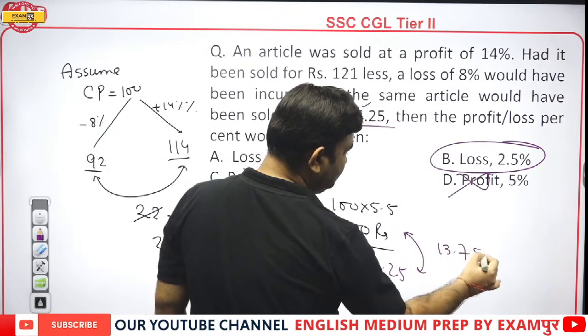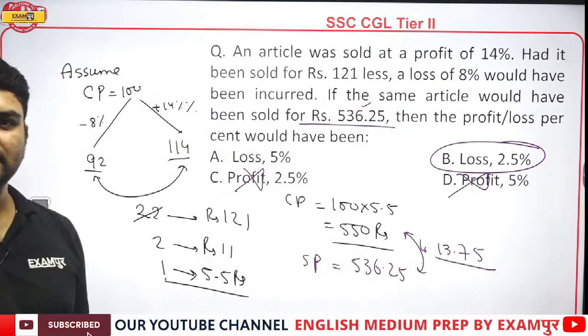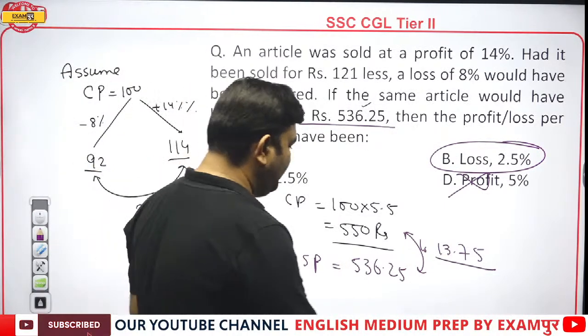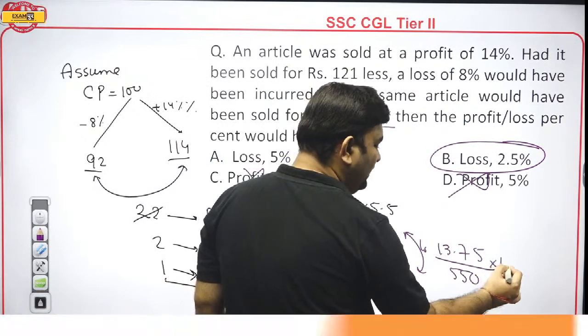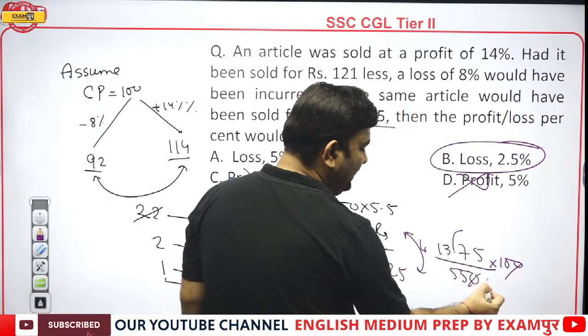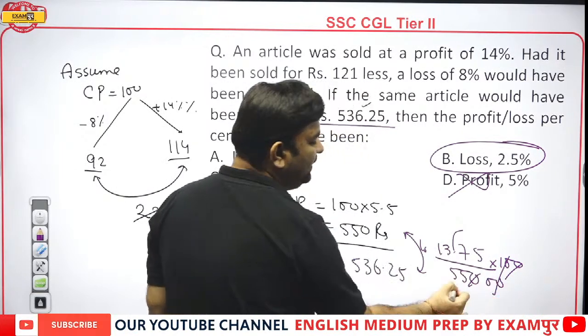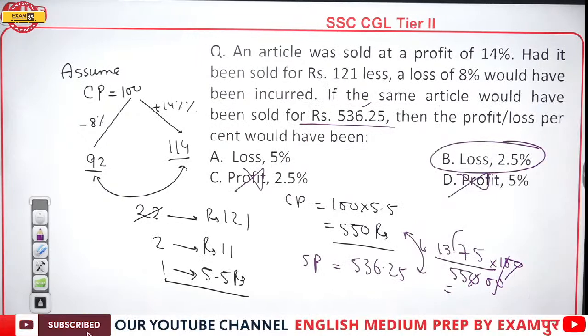So there is a loss of 13.75, and 13.75 loss over the CP of 550 is only 2.5%. If you simplify it as well, it will only become 2.5%, not 5%. 55 into 2 is 110.